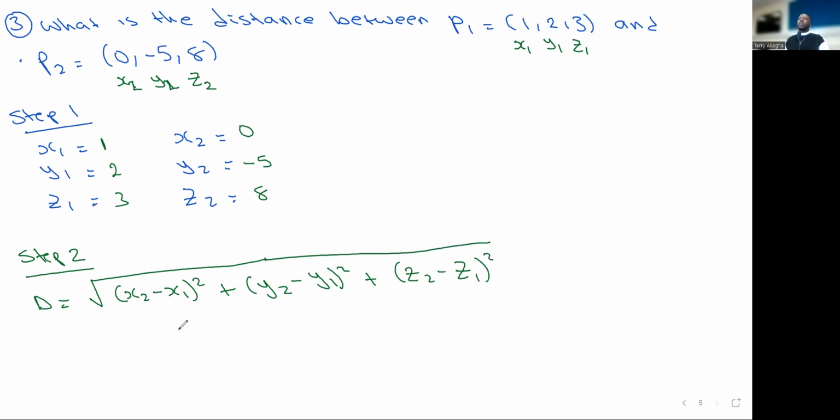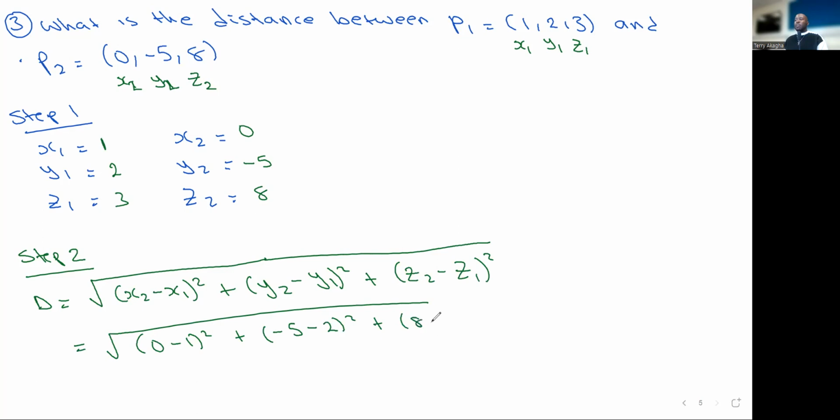Squared. And that will give us the square root of x2 is what? It's going to be 0 minus 1 squared plus -5 minus 2 squared plus 8 minus 3 all what? Squared.